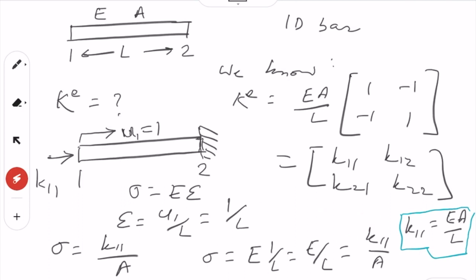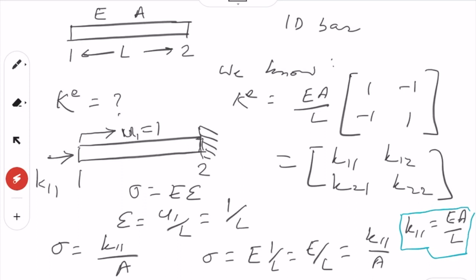This course is not only about mathematics but also about some physics, and especially when you are working with structures, physics becomes very important. The name stiffness itself comes from physics only. So if you want to find out K12, what is the meaning?